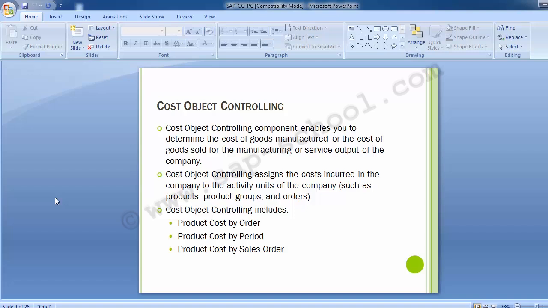Cost object controlling includes product cost by order, product cost by period, and product cost by sales order. So cost object controlling provides the real-time cost management functions that determine the cost of goods manufactured in all plants. It can be used to determine the cost of goods manufactured or the cost of goods sold for company activities.